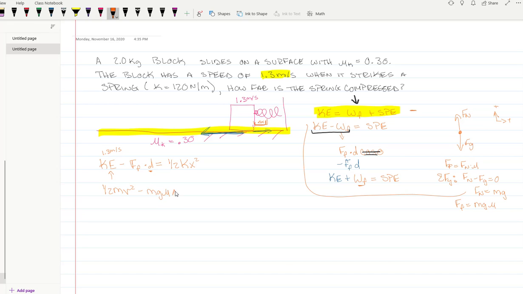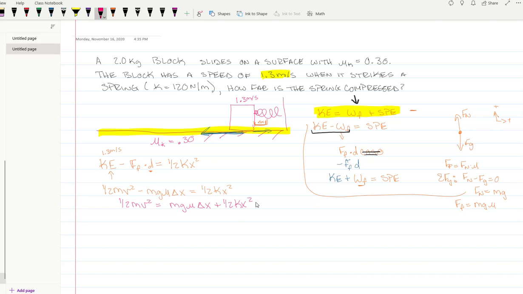So my mu is just a delta x, and that's going to equal my 1/2 kx squared. So I know what my k is, and now I'm kind of regretting that I moved this to the wrong side of the equation. I want to move that back. So let's do that. My 1/2 mv squared equals my mg mu delta x plus my 1/2 kx squared.